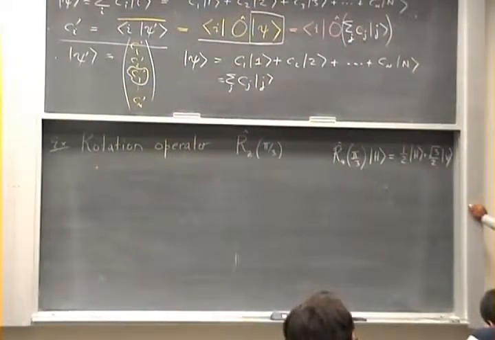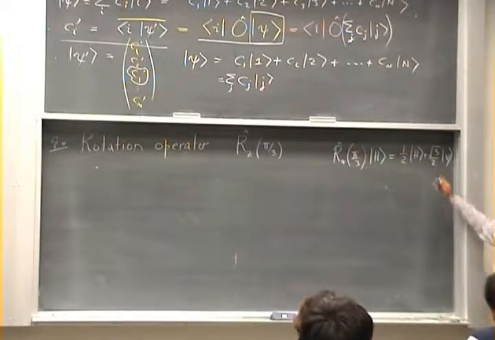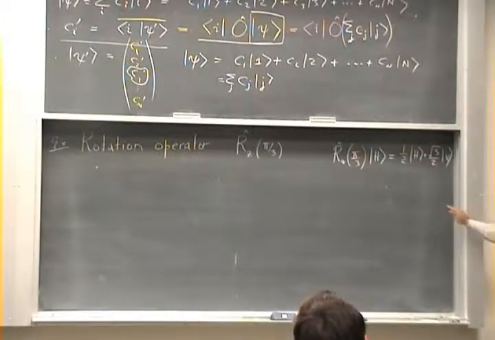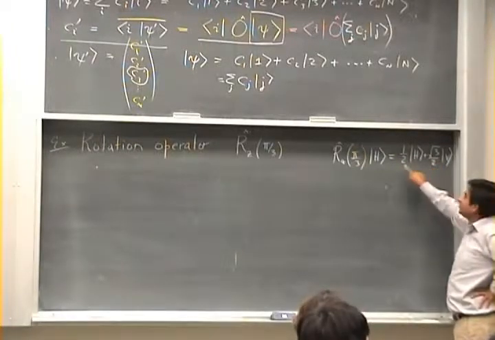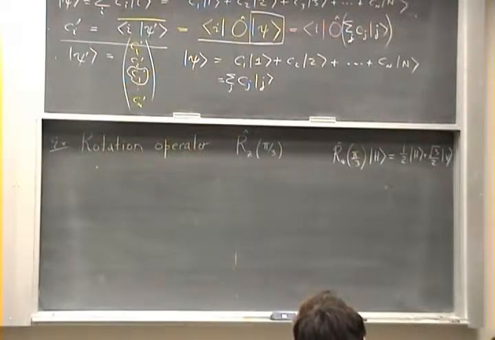Yes. Okay? Is this state normalized? Yes, because the modulus square of this is 1 by 4, modulus square of this is 3 by 4, so the probabilities add up to 1.